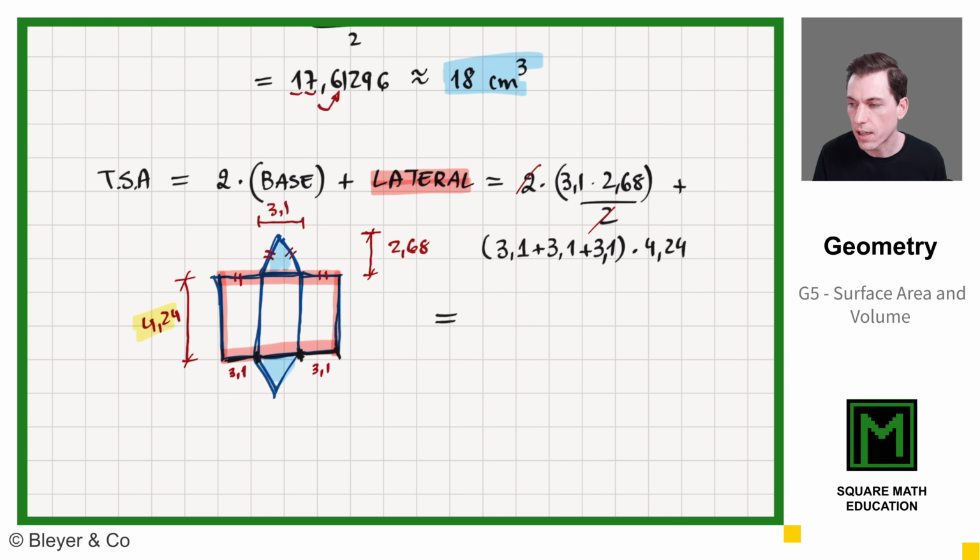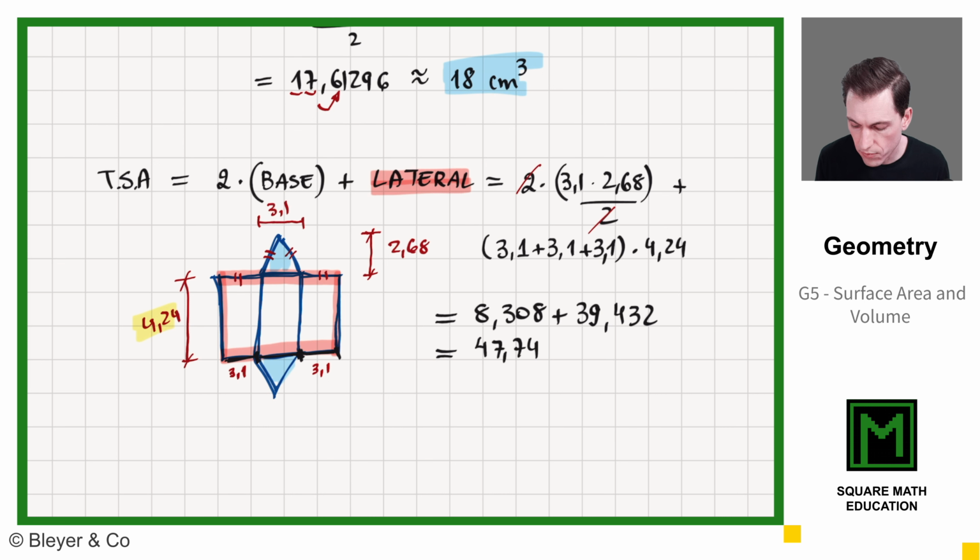Taking our calculator and typing it in, we get 8.308 added to 39.432, and that results in 47.74. Rounding, we use the tens and the ones, 2 significant figures. Check the next digit, it is a big digit, so we round this up to 48 square centimeters.